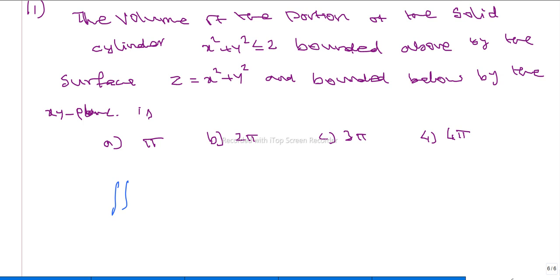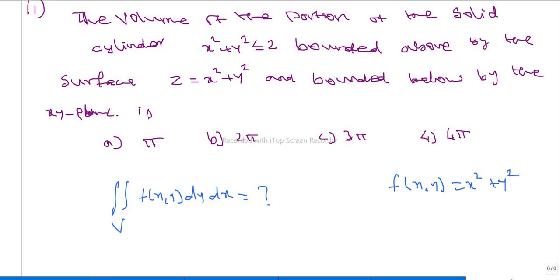Therefore f of x comma y is x square plus y square. Now you have to find the value of the integral of f of x comma y, dy dx. So what is the value of this?